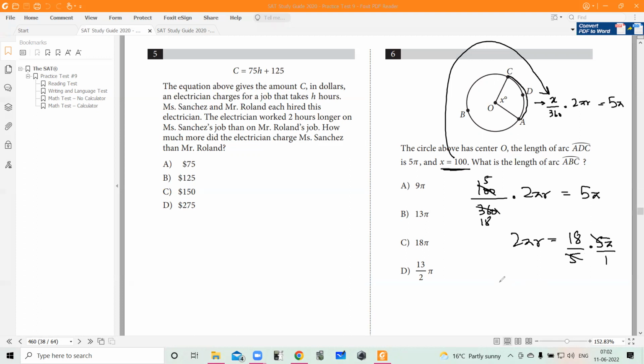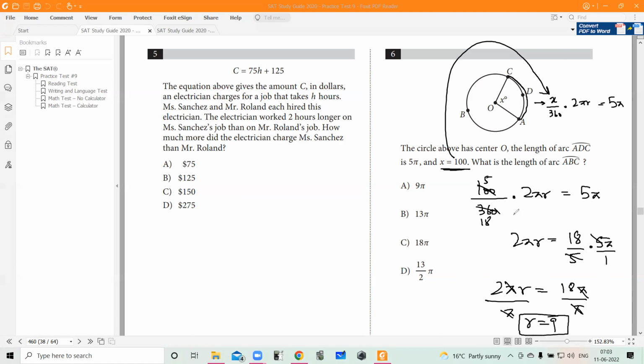You'll be getting 2 pi r equals 18 pi. Is that clear till now? Yeah. Since we want to calculate r, we can divide by pi to both sides, and pi will cancel out. We can divide by 2 to both sides, so we'll be getting r as 9, right?